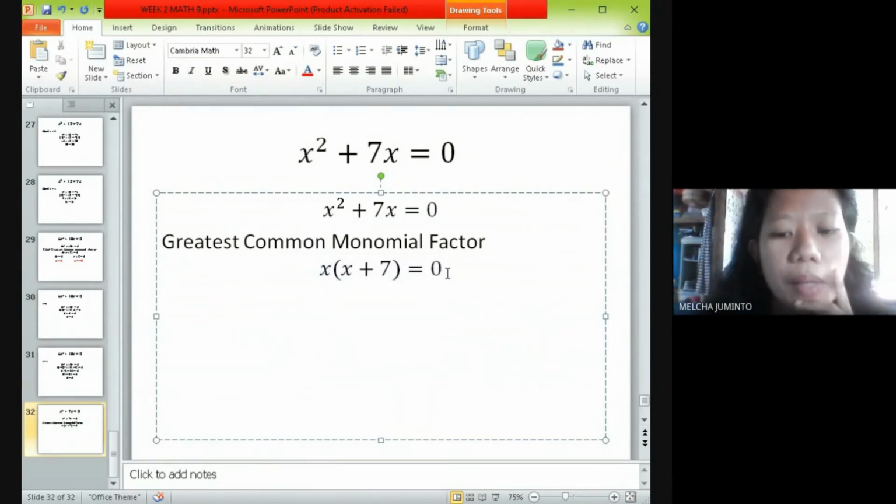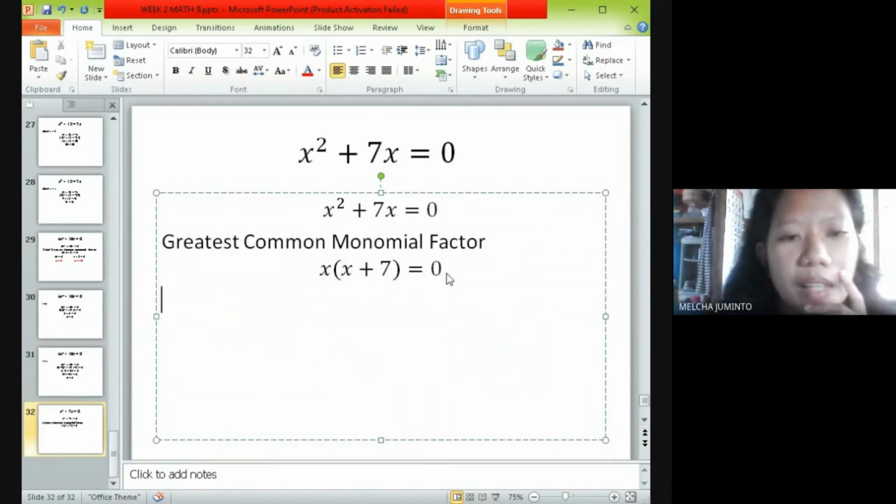Next, we apply the zero product property. The x is separated from x plus 7.